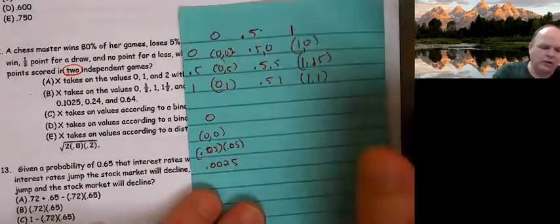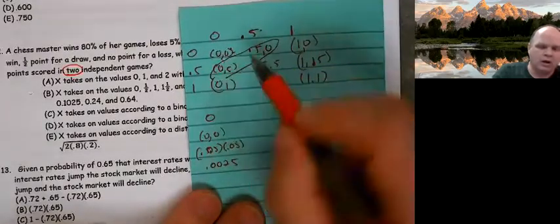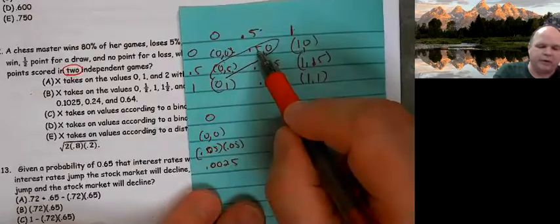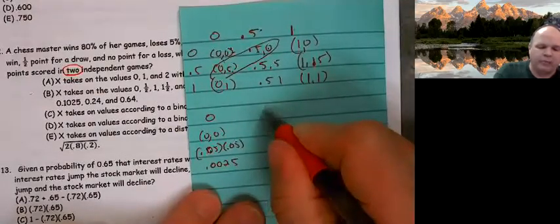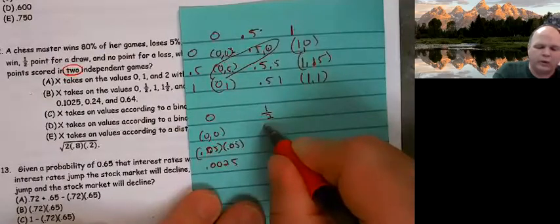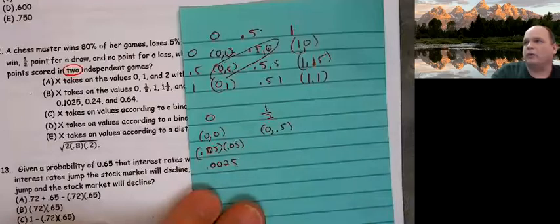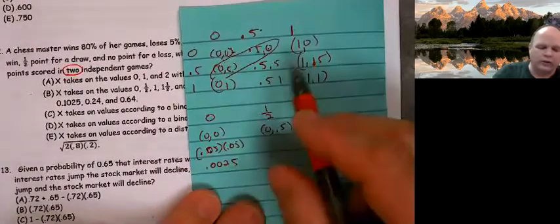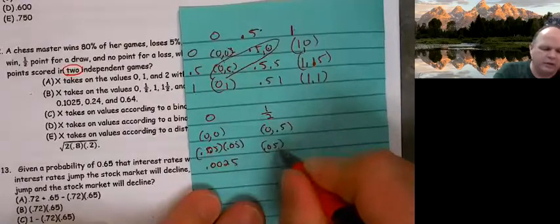To get a half point, that'd be 0 plus a half and half plus a 0. So that allows me to get it two ways. So to get a half a point, I'm going to lose one and tie the other. So losing happens 5% of the time.